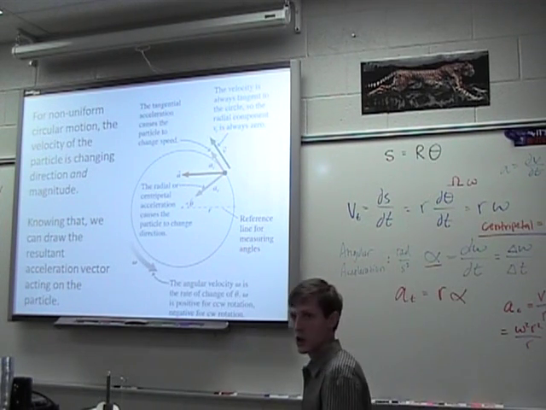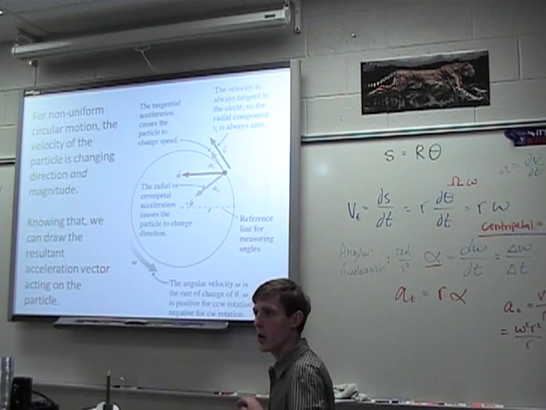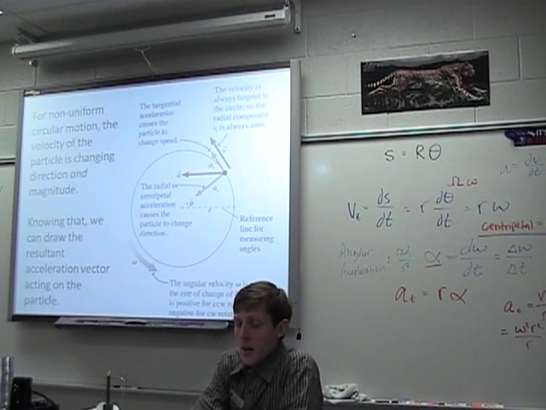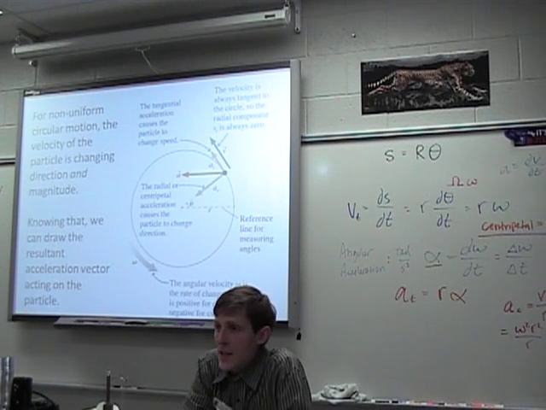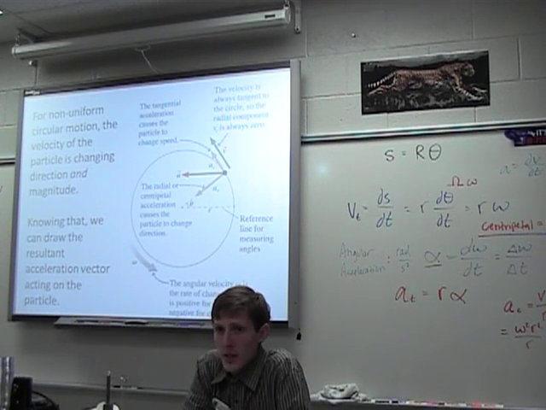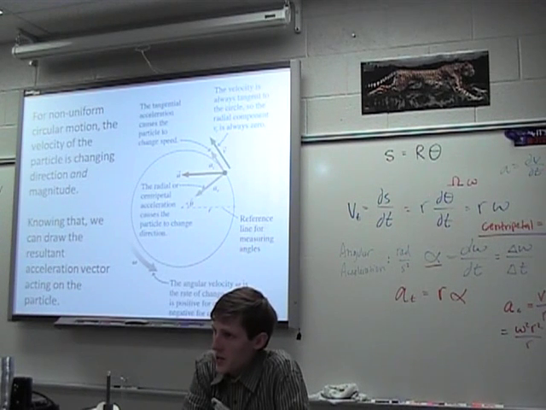The centripetal acceleration is omega squared r. So there is a connection, right? Another way of thinking about that is the faster something is spinning, the more centripetal acceleration you need to keep it going in a circle. That's what that equation says.